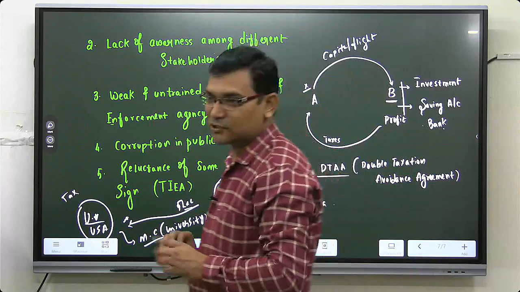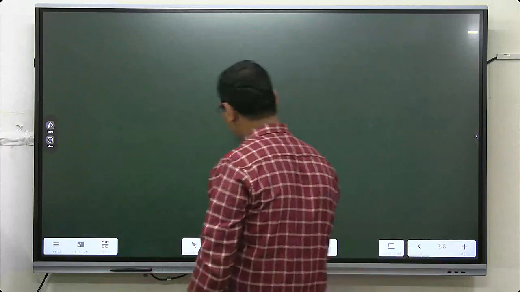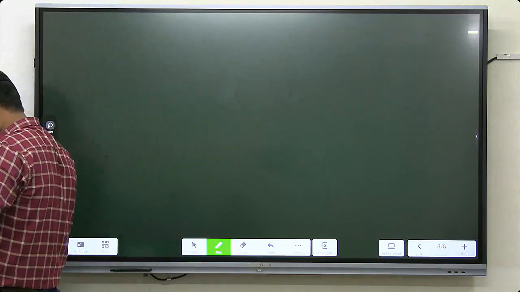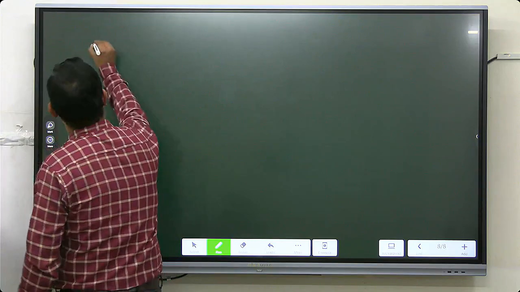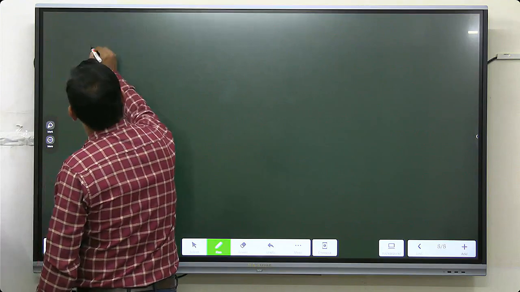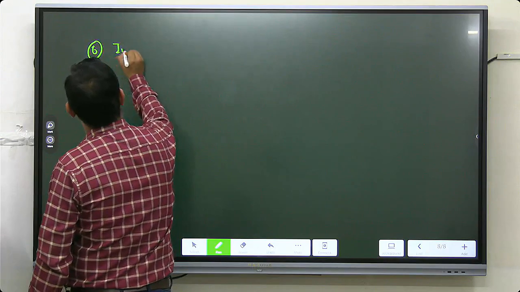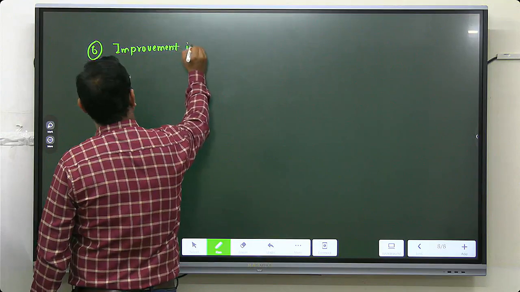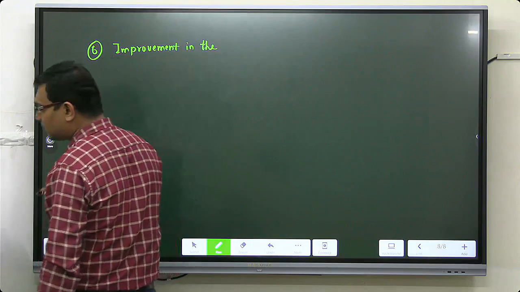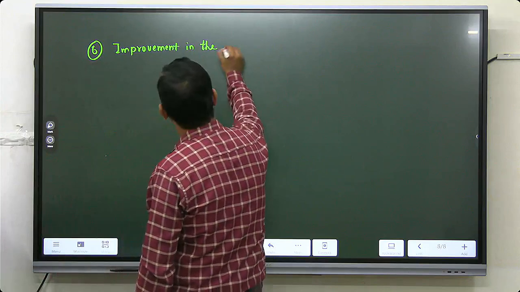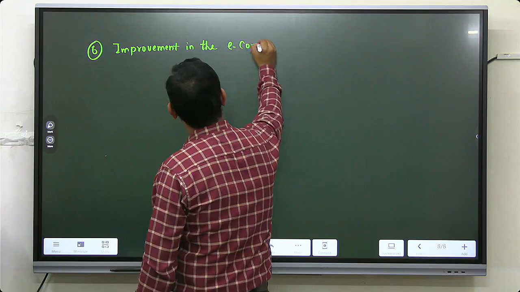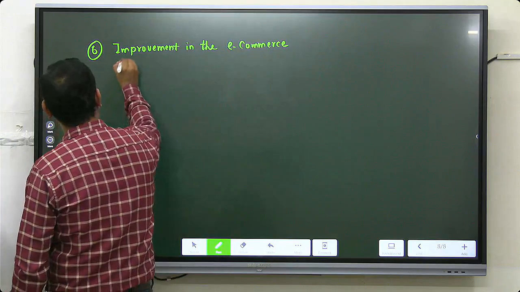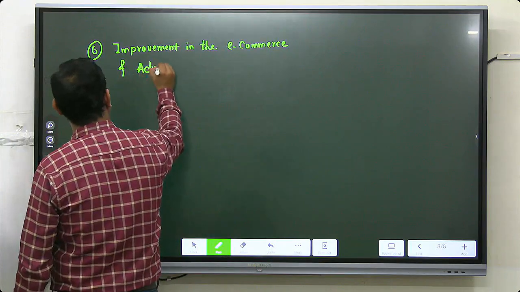Clear? Understood? Next, the sixth one: improvement in e-commerce and advanced technologies.